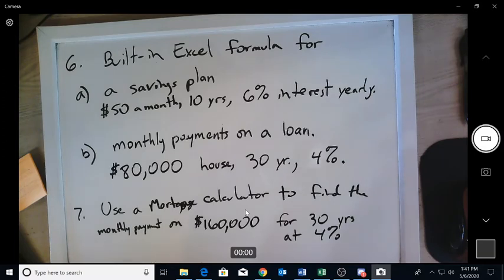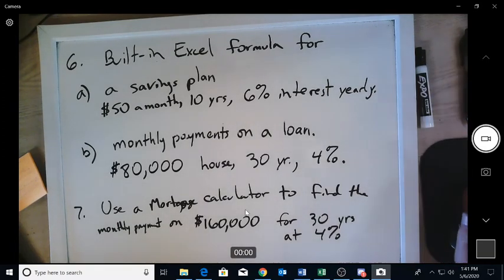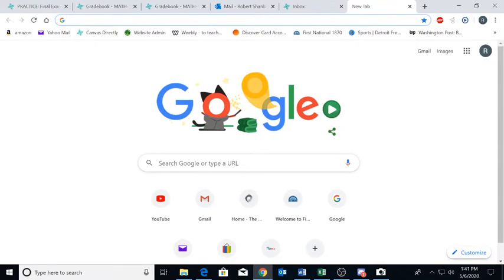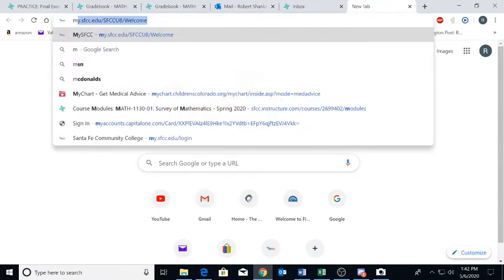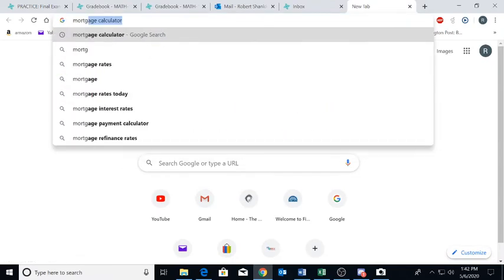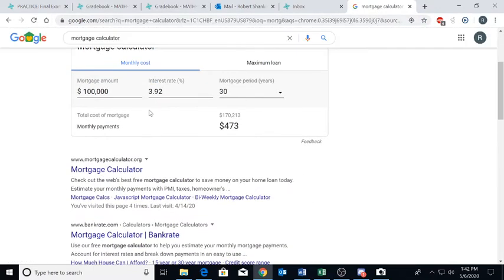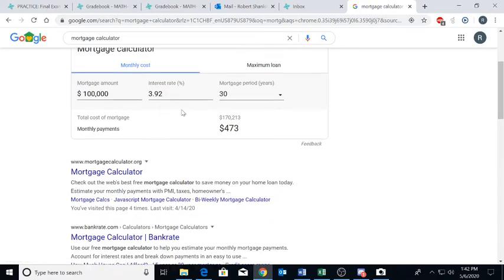So if we Google mortgage calculator, you can take any of a bunch of different mortgage calculators. You might see one of those pop up real quick.